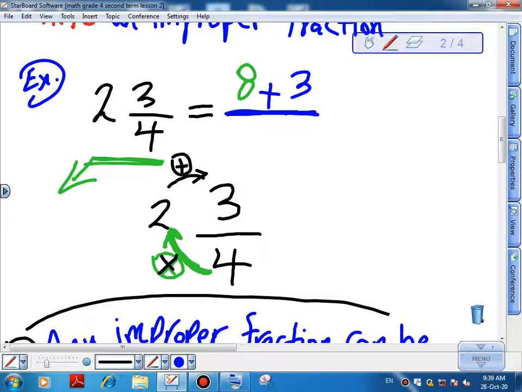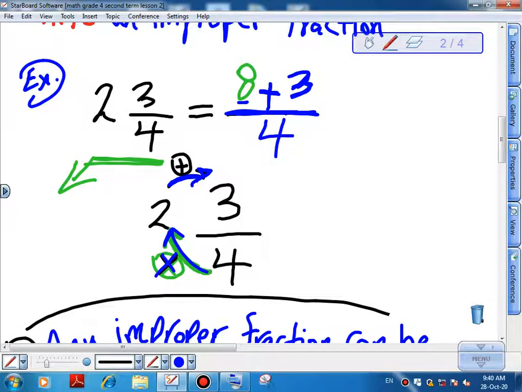Again, 4 times 2 gives 8. We put 8 in the numerator, then add 3, so 8 plus 3 in the numerator equals 11. The same denominator, 4, stays 4.